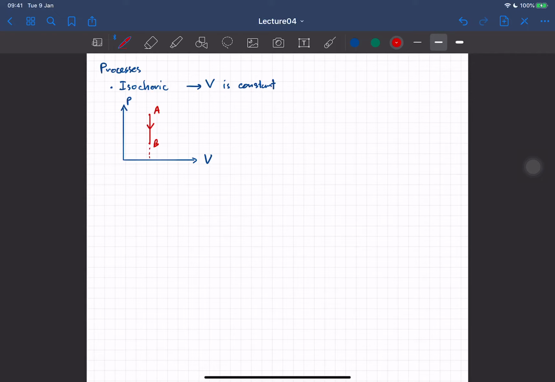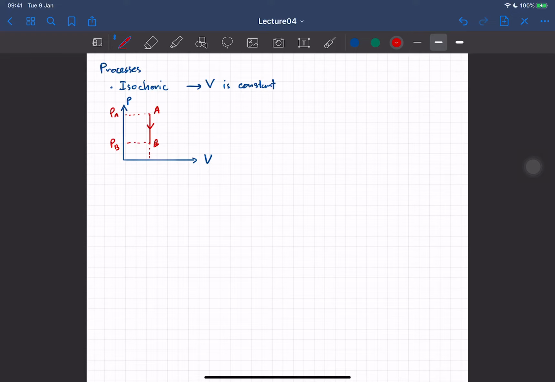So volume does not change. Temperature will also change, but it's clear from the diagram that the pressure changed from PA to PB. You can use PV equal to nRT to calculate the temperature at point A and B.